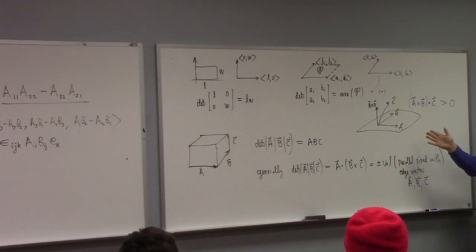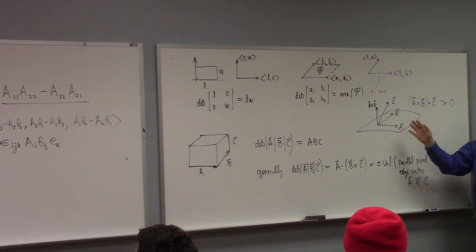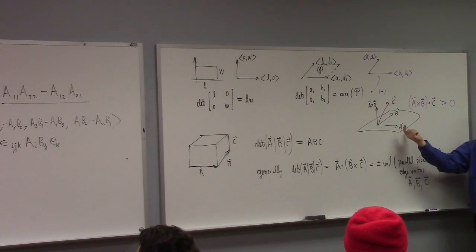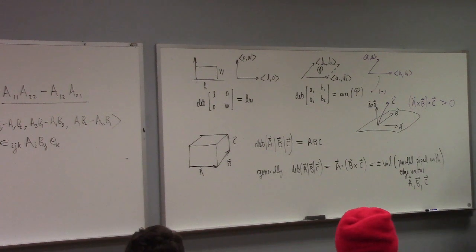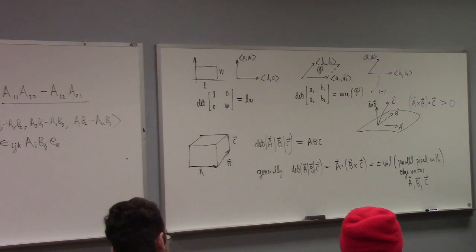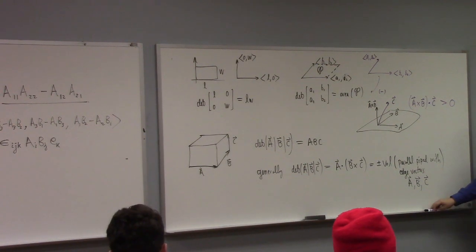To make it exactly the same direction, we would need that A and B are perpendicular, and that A cross B is actually parallel to C. Sometimes when people say right-handed triple, they're insisting that the vectors are pairwise perpendicular and that the third vector is the cross product of the first two. All right? So anyway.